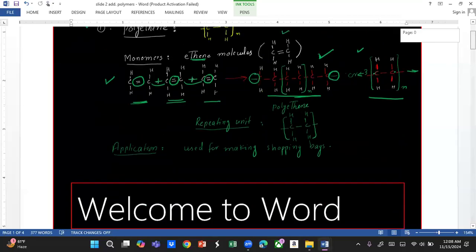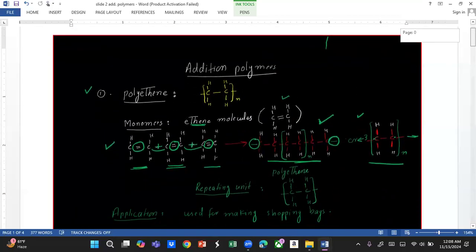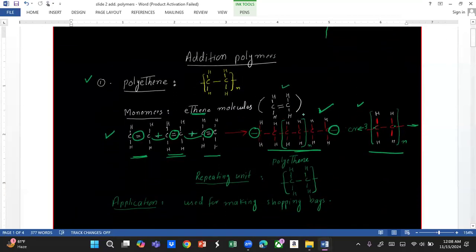After this, sometimes in the question the polymer is given, and they can ask you what the repeating unit is. You will see in the options the repeating unit will be given like this. This is the repeating unit of polyethylene, and when we put a double bond here, this will become the monomer again.